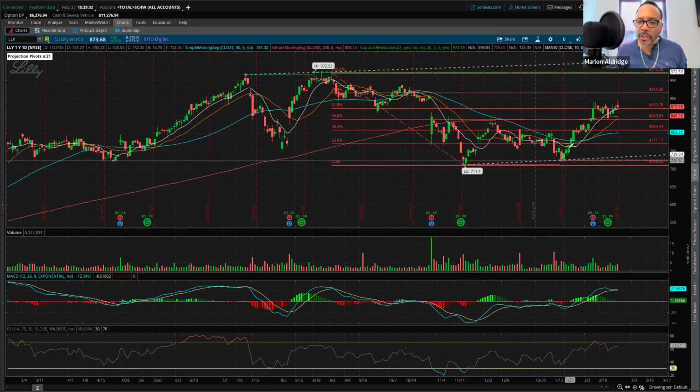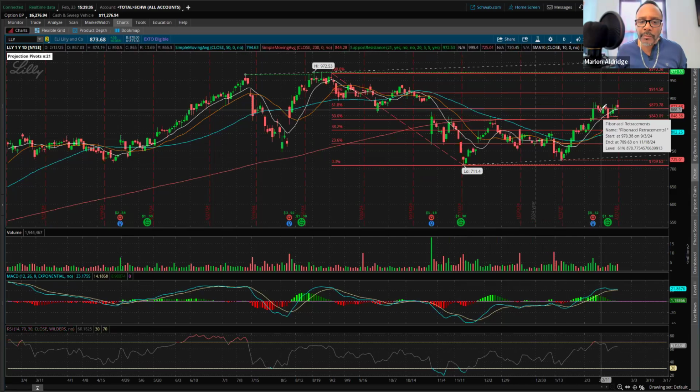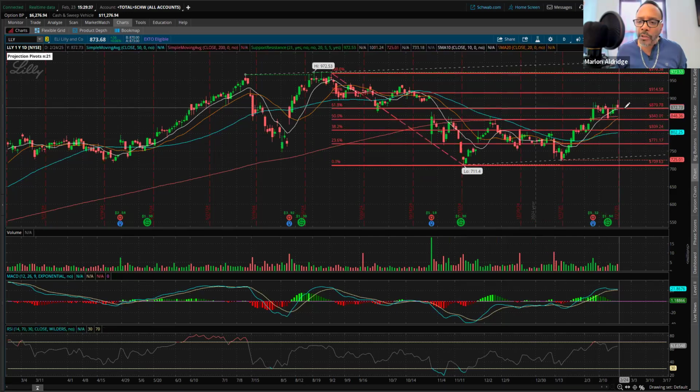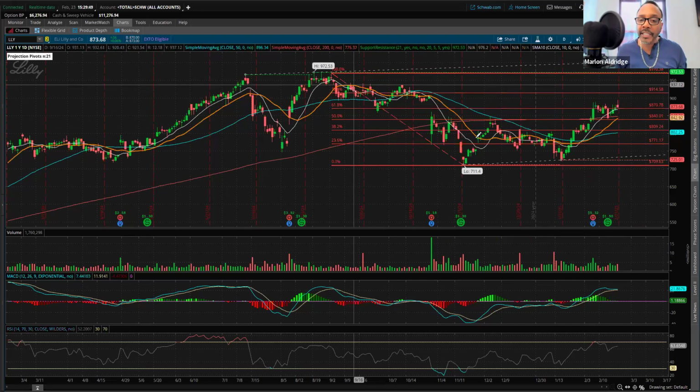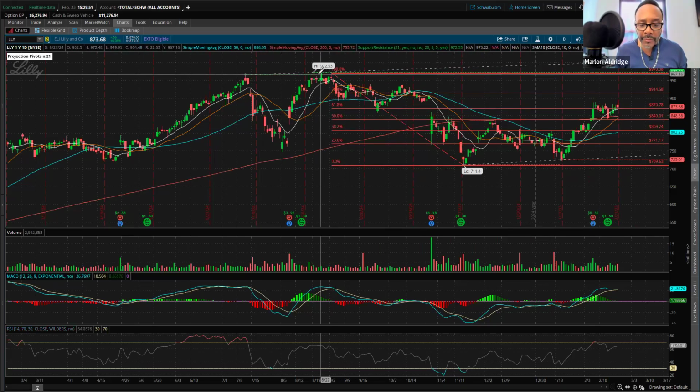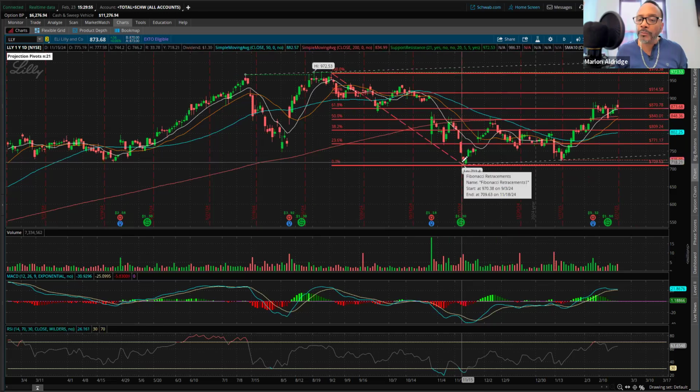Then it went back to 0. Now it's up to 61.8, sort of hovering around 61.8. And so what our hope is, we hope it doesn't come back down and continue that downward trend, which started in what, August to November.